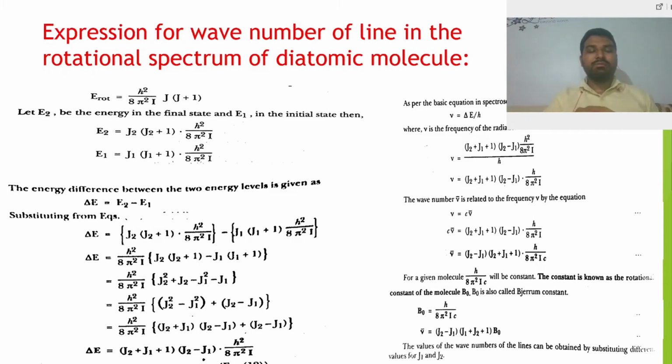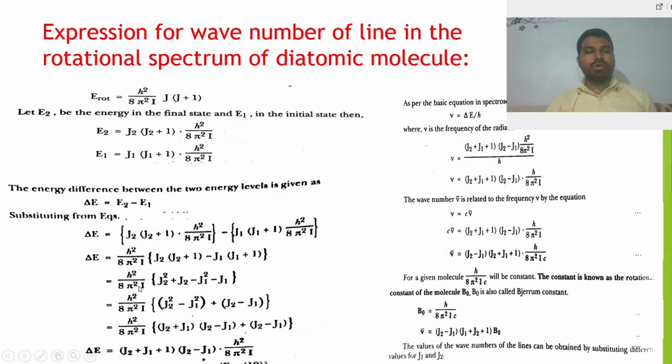Substituting these equations for E2 and E1, we get delta E equal to h square upon 8 pi square I, in bracket, j2 into j2 plus 1 minus j1 into j1 plus 1.